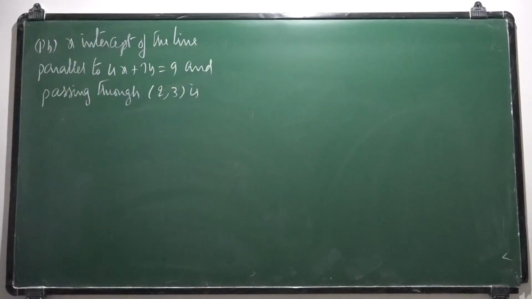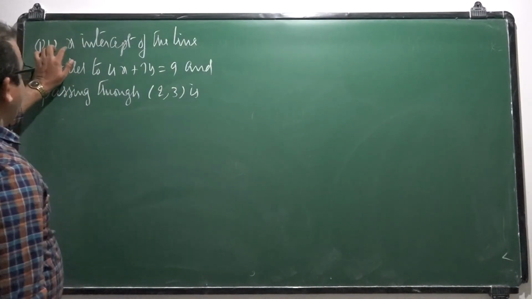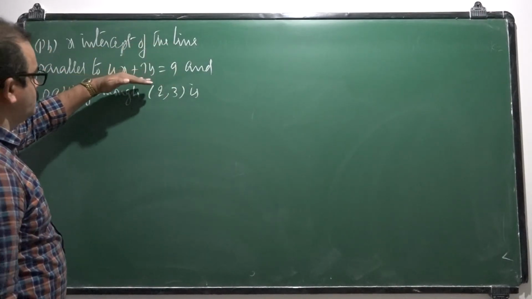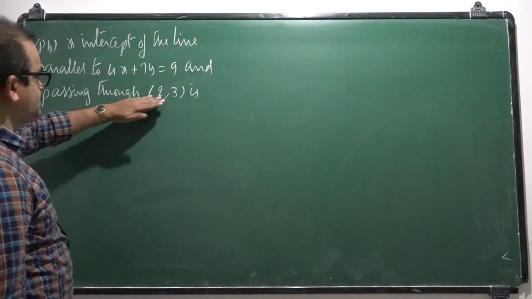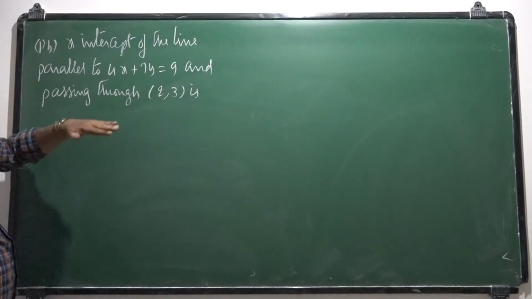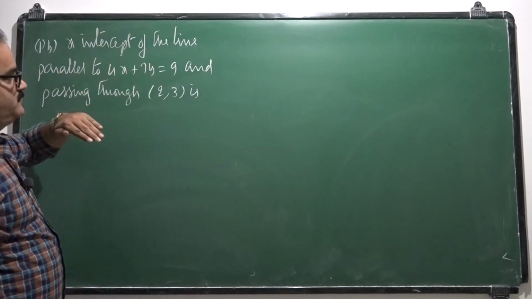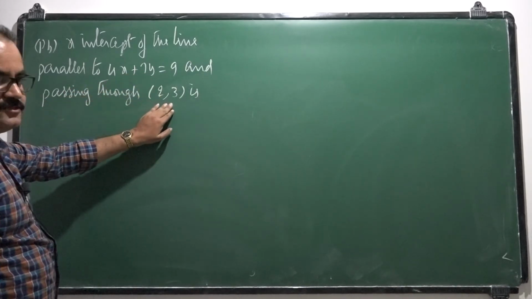First of all, read the problem. Find the x-intercept of the line parallel to this line 4x + 7y = 9 and passing through the point (2, 3). First of all, we find the equation of the line which is parallel to this line and passing through this point.